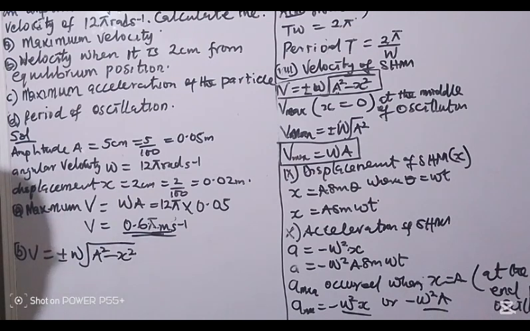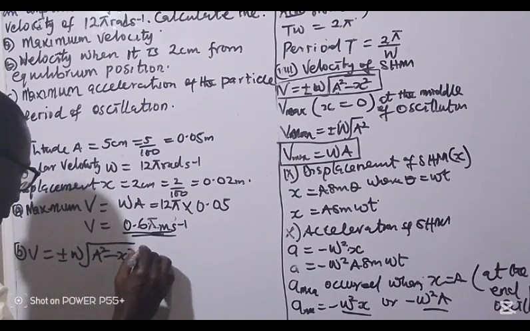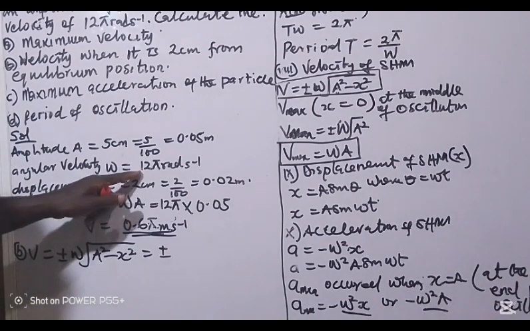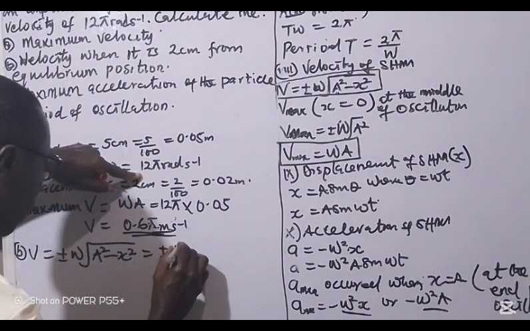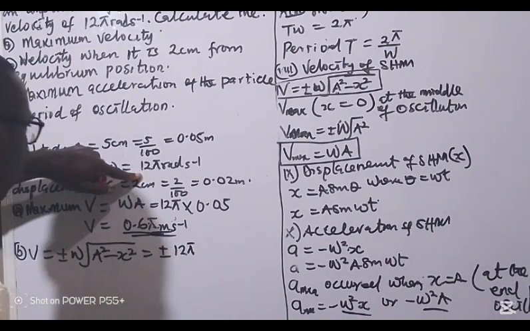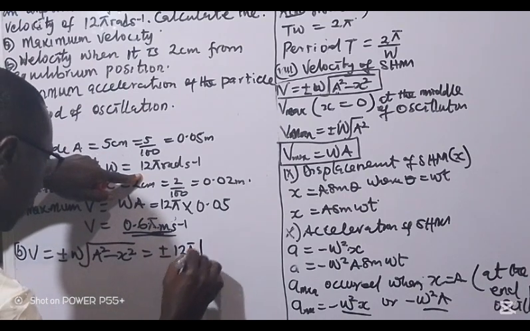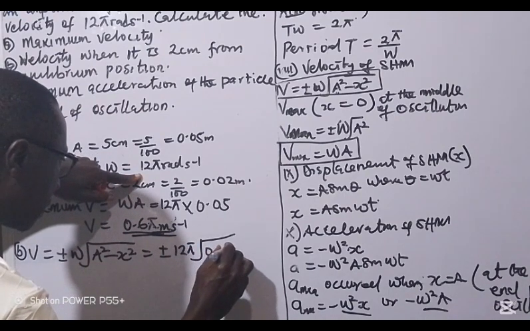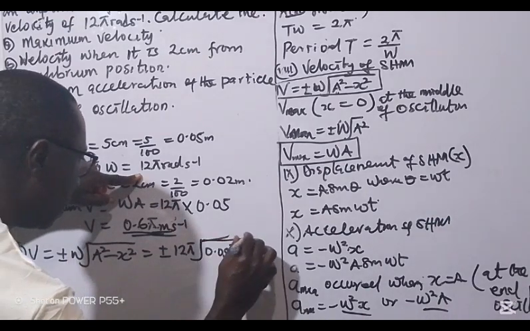So this will now give us plus or minus, our omega is already given according to the question, that is 12 pi, into square root of 0.05 squared minus 0.02 squared.